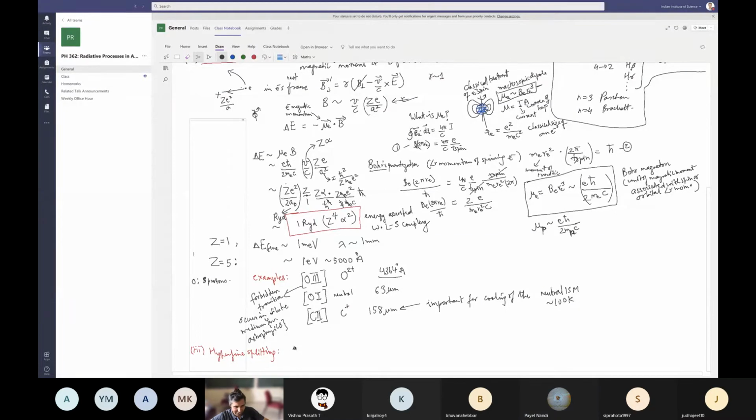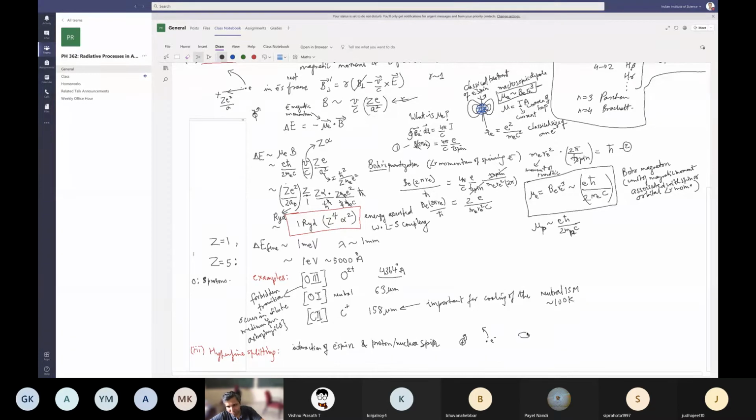This is the interaction of the magnetic dipole associated with the electron and the nuclear spin. You have a proton or a nucleus which has a spin associated with it, and an electron going around it, which has a spin associated with it. This spinning proton will create a magnetic field at the location of the electron.